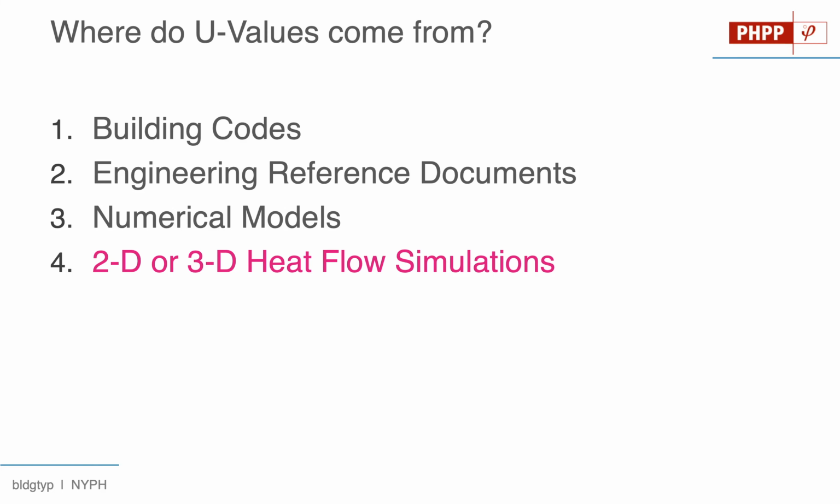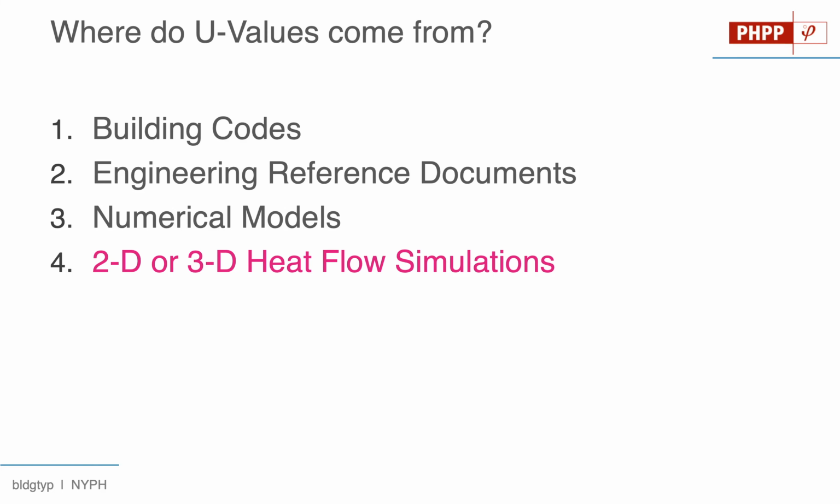You might get U values from some sort of engineering reference document. There's a couple of different examples that we might look at. You might use numerical calculation methods like the PHPP. We'll look at the PHPP's built-in numerical assessment methods for calculating U values.